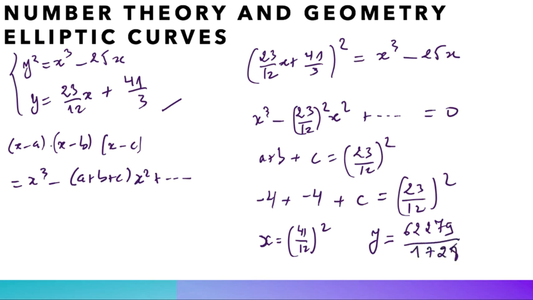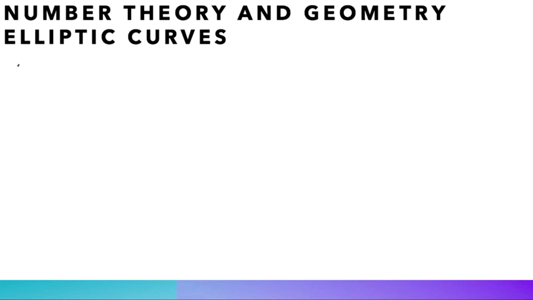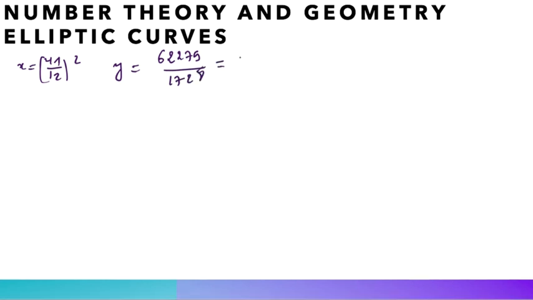Now let me write these down again properly. We have x equals 41 divided by 12 all squared, and y is equal to 62,279 divided by 1,728.